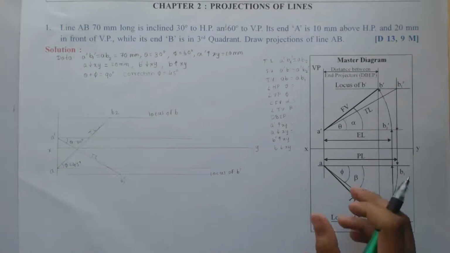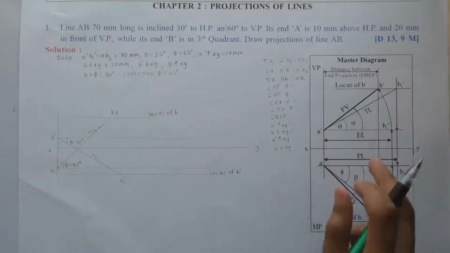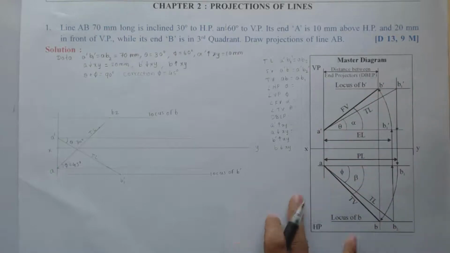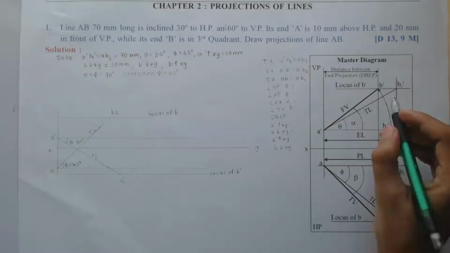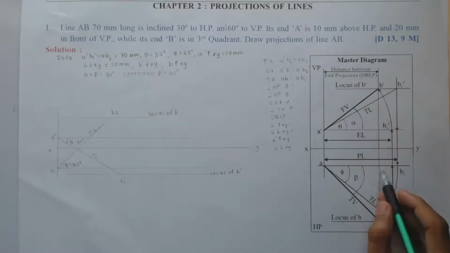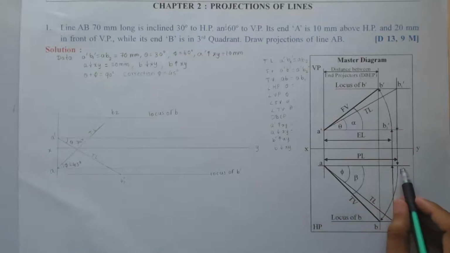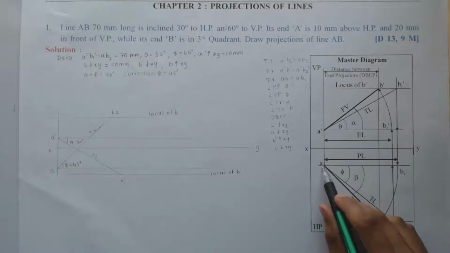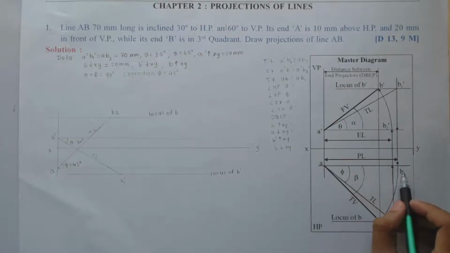Now our aim is to locate the final front view A dash B dash and final top view AB. For that we know when B1 dash is projected up to the horizontal line passing through A, I am getting B1, which is called the plan length AB1.